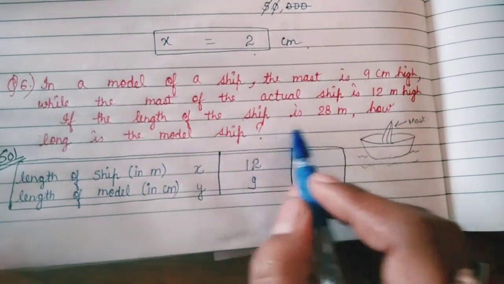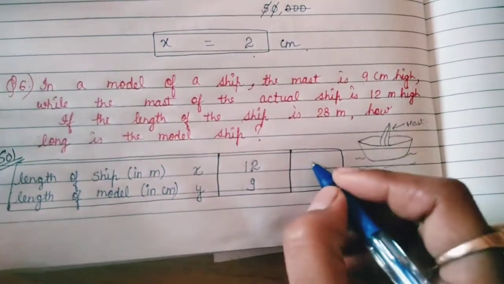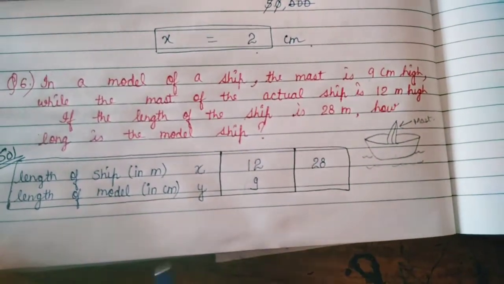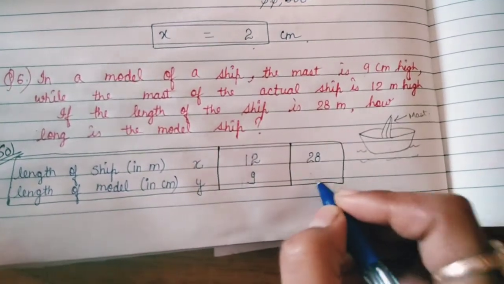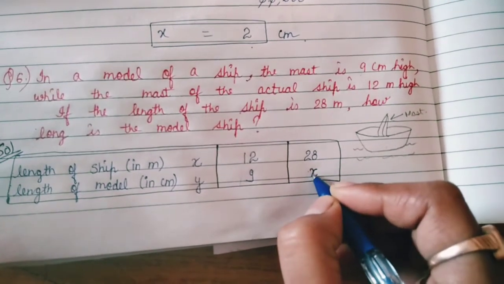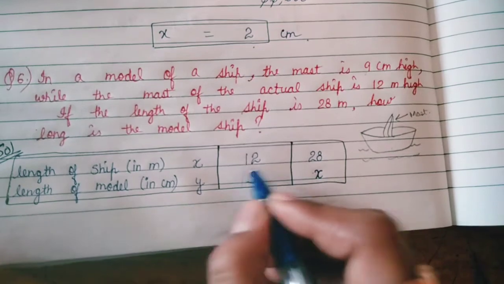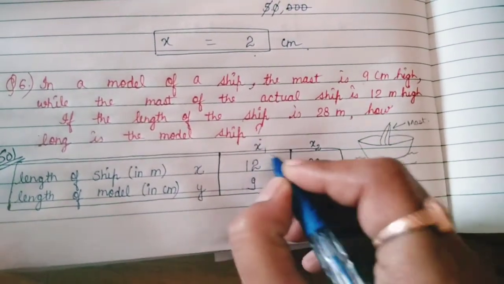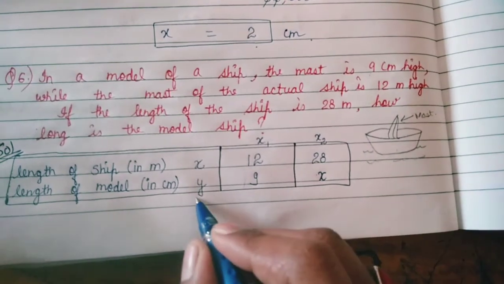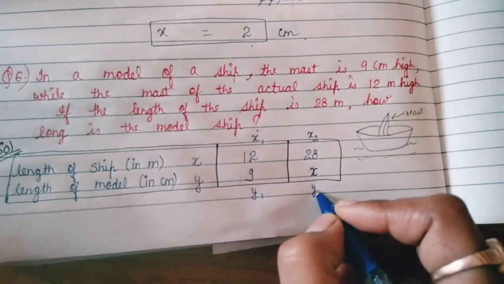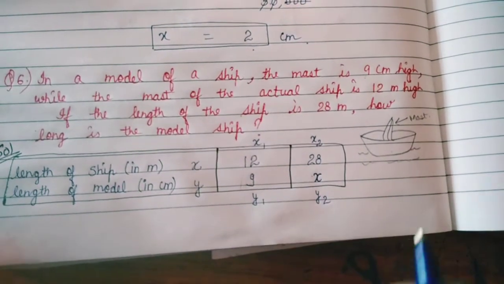If the length of the ship is 28 meter, here 28, how long is the model ship? So this is blank, so it will be filled with the unknown, which is represented by x. In front of x we have the corresponding values of x, which are x1 and x2, and in front of y we have the corresponding values of y, which are y1 and y2.